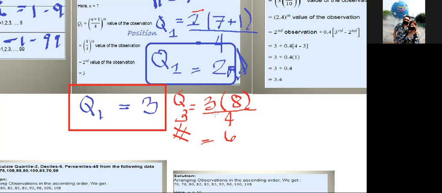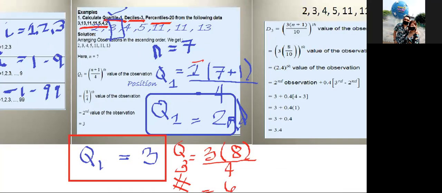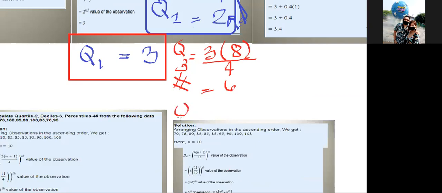4, so 8, 6. Okay, so the 6th. And in this case, we have to know which is the 6th one. So we have here 1, 2, 3, 4, 5, 6. We have 11. So our third quartile now will be 11.